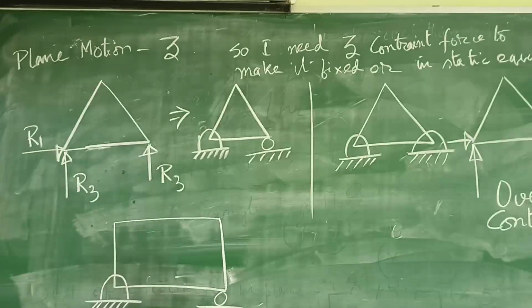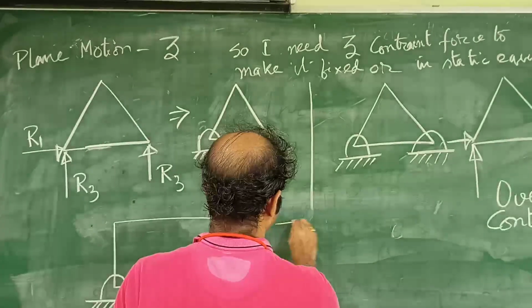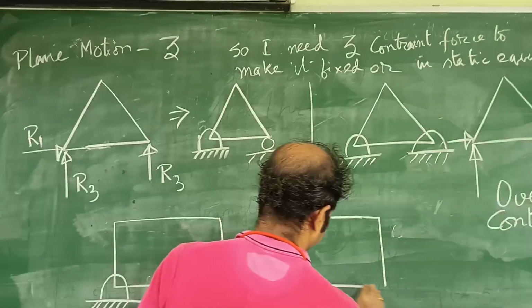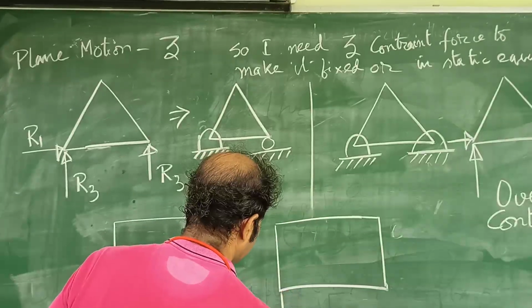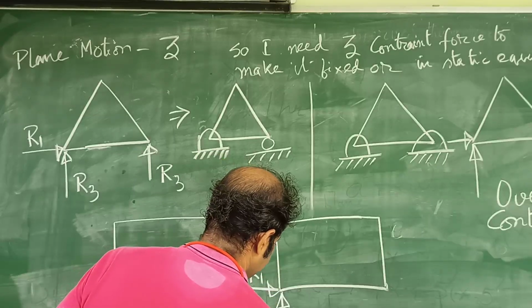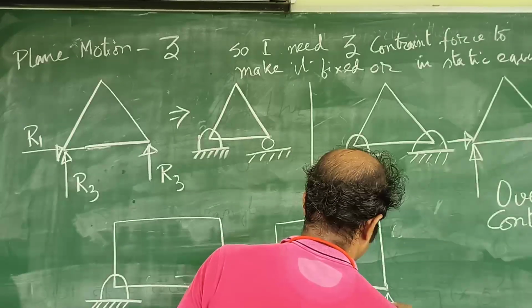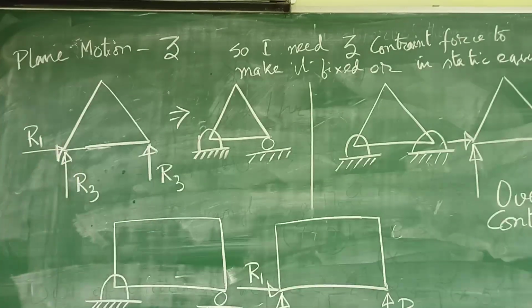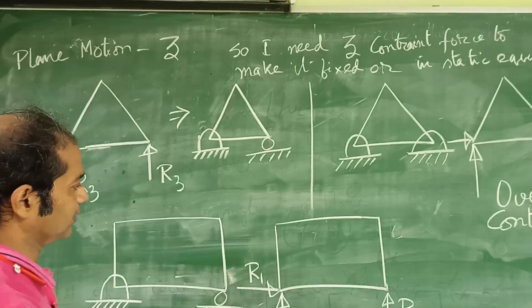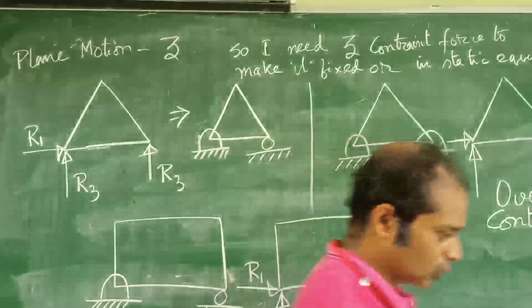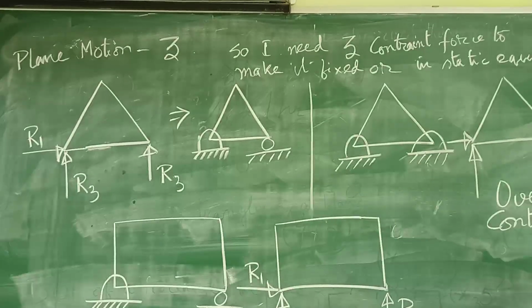A fixed support and a roller support. Okay. So essentially, we can draw this as the same diagram, there are reactions R1, R2 and R3. So we are talking now about the planar motion, the motion which is occurring in a plane. For a planar motion, I need 3 reaction forces to restrain the whole body. The body is not going to move.